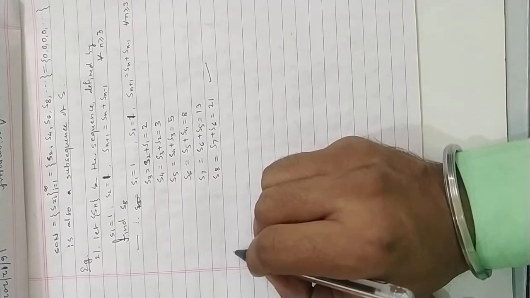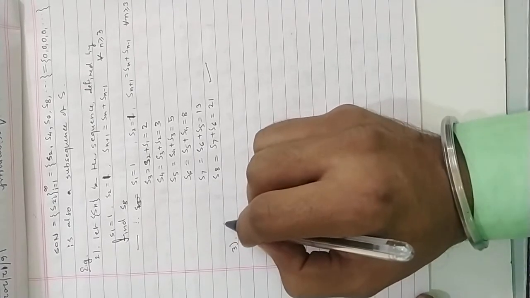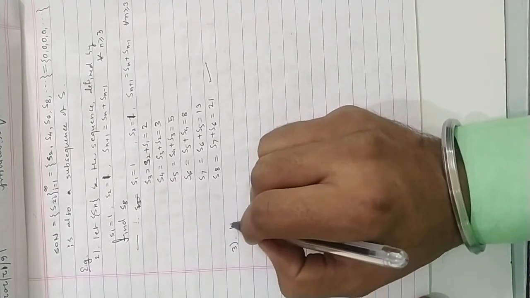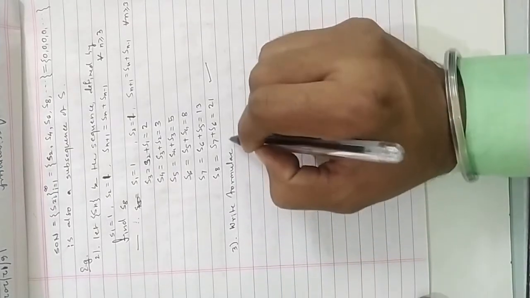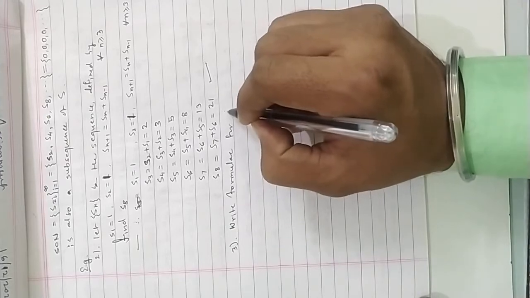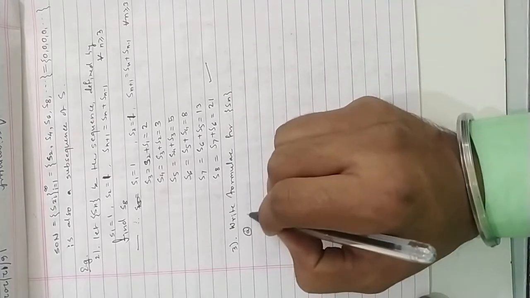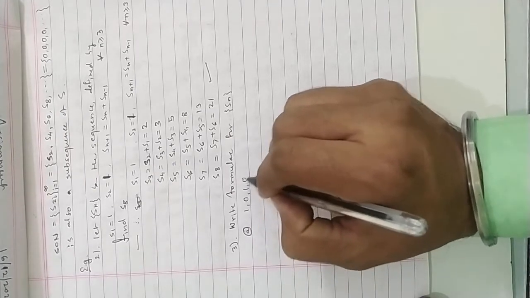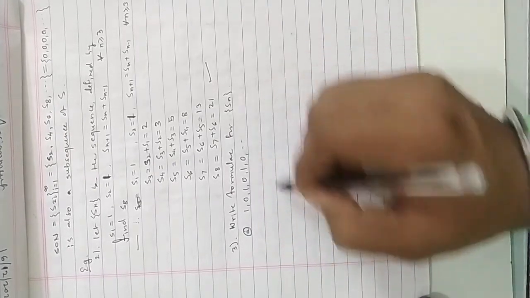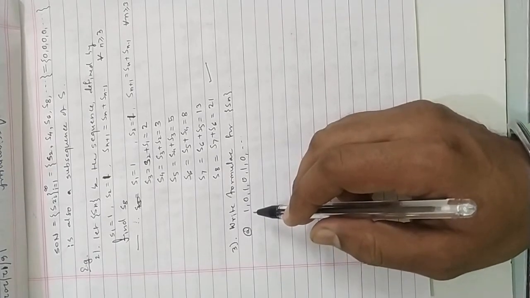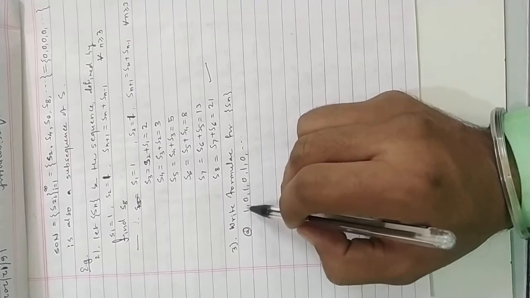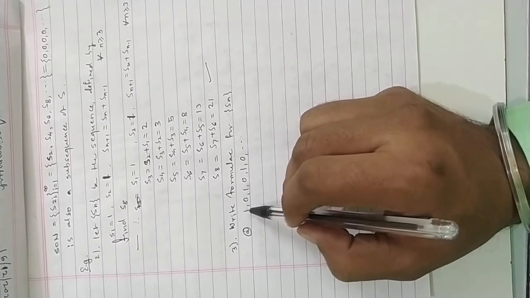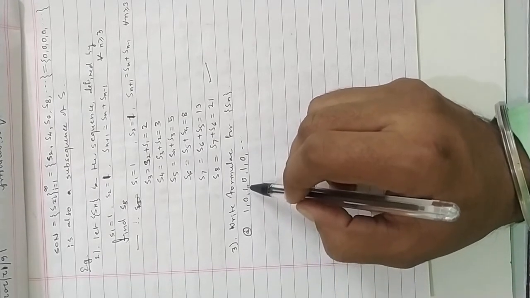Right. Next example. Write the formula for sequence Sn. The sequence is 1 0 1 0 1 0 and so on. So how can you define the sequence? How can you provide some formula for this sequence? The first term is 1, the second term is 0, the third term is 1, the fourth term is 0.